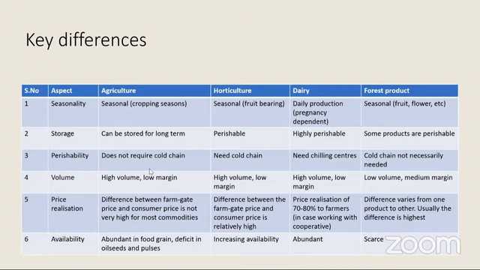In dairy, India is the top producer of milk in the world, so milk is relatively abundant in most areas, but forest produce is scarce. Because of this scarcity, the price realization and the willingness of consumers to pay is high in the case of forest products.